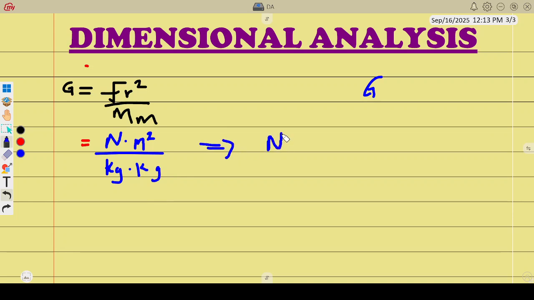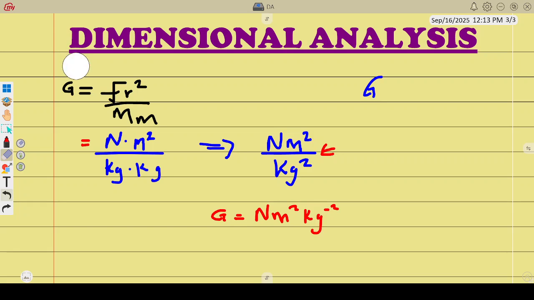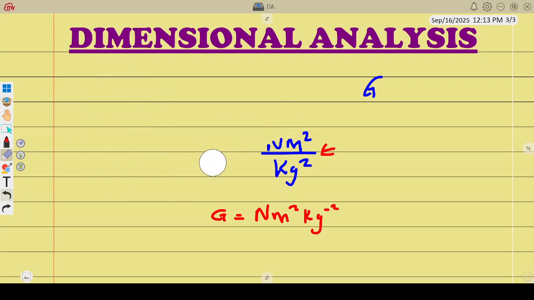So this will become nm squared over kg squared, kg times kg. Yeah, so these are the units for the gravitational constant. And then remember, if we want to get rid of the fraction here, we just make the power of the denominator negative. So meaning the units for the gravitational constant, they are n m squared kg power negative 2. Yeah, so that's how you do it. You see, almost no thinking.